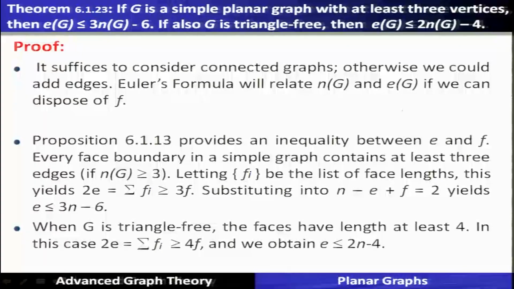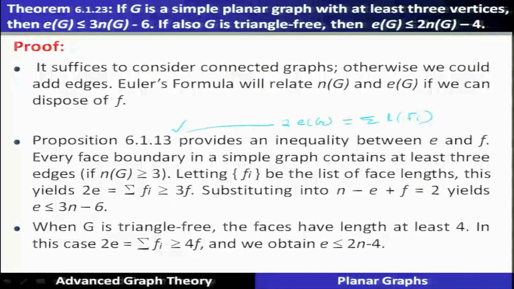So, the proposition which we have seen previously provides an equality between E and the face lengths. Again, if you recall, twice the number of edges is equal to the summation of the lengths of the faces, that we have already seen. Now, every face boundary in a simple graph contains at least 3 edges.